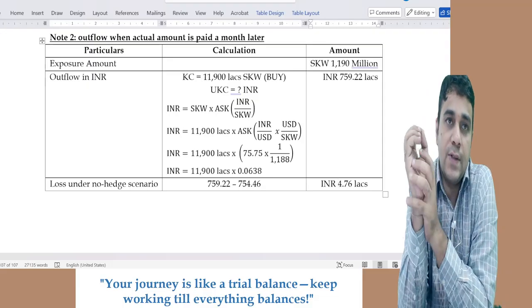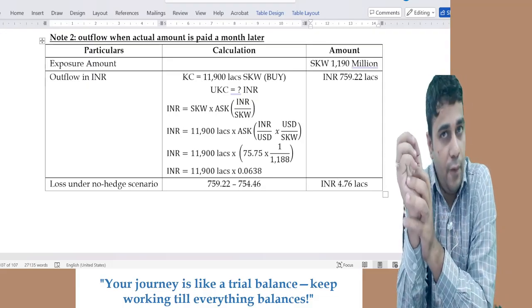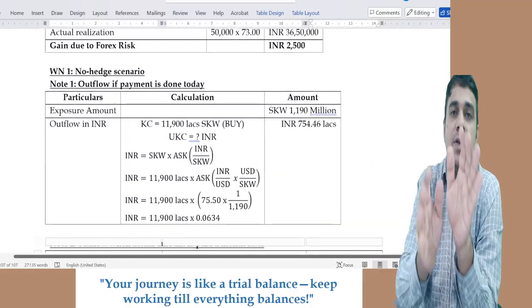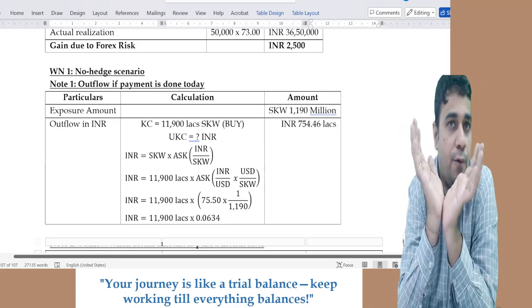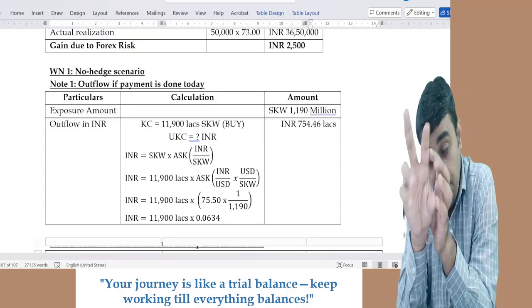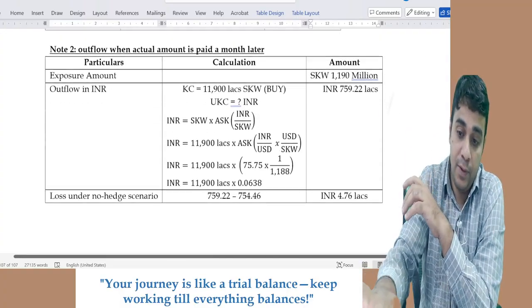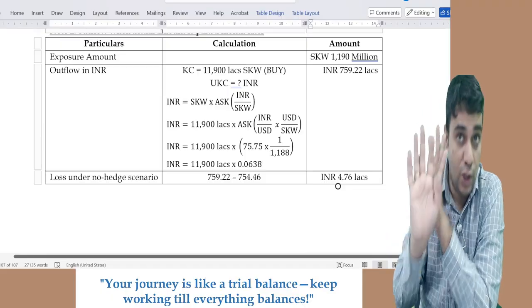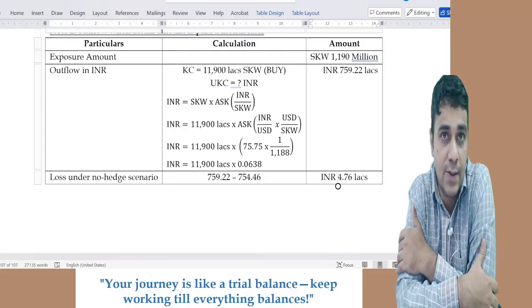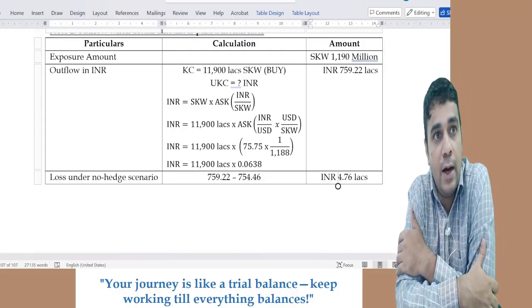Now I have to do a similar comparison for NDF also. NDF outflow, if payment is done today, same 754.46. If you pay a month later, 759.22 still holds good, plus or minus futures profit or loss.